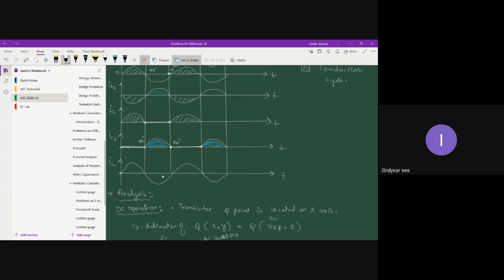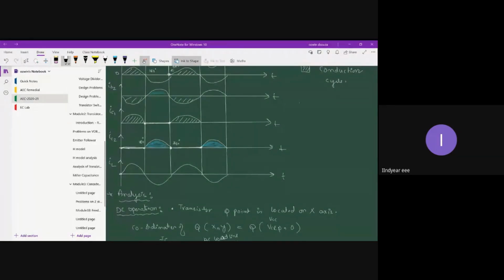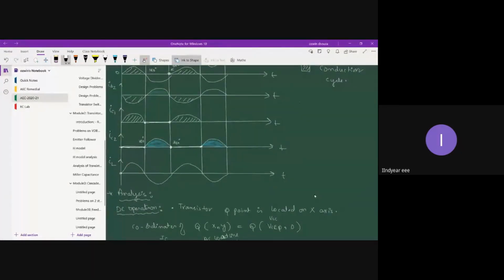That means the two collector currents constitute the load current, and hence to write an expression for the load current, you have to consider the RMS values of the two collector currents, or the DC values of the two collector currents.